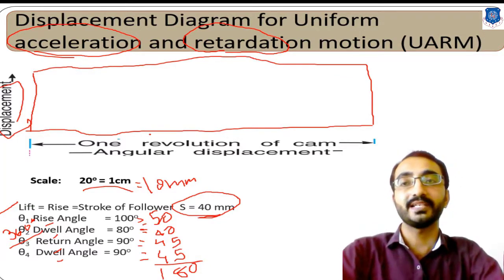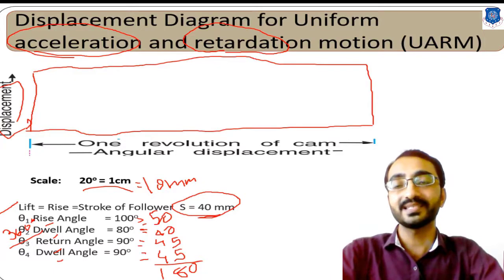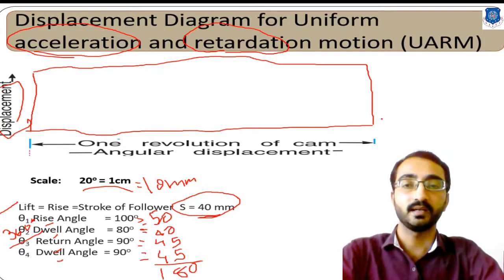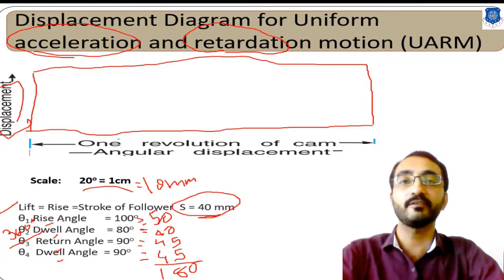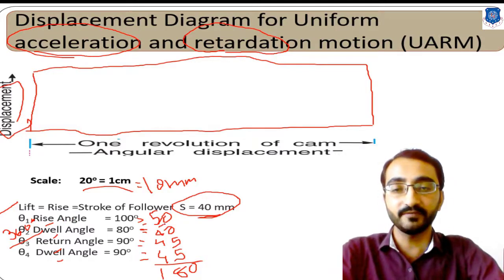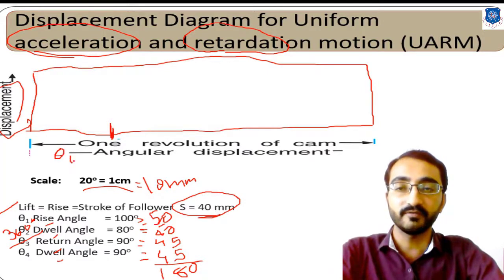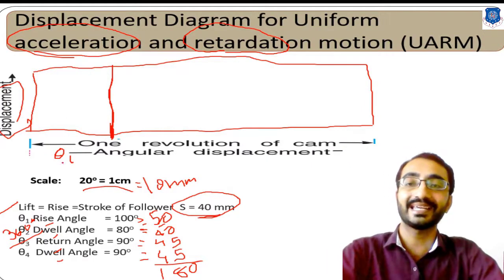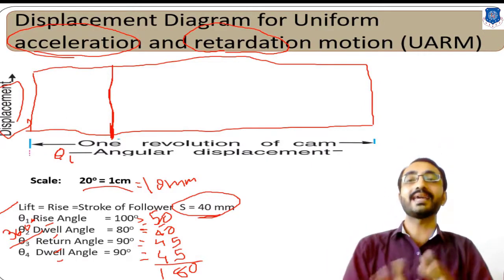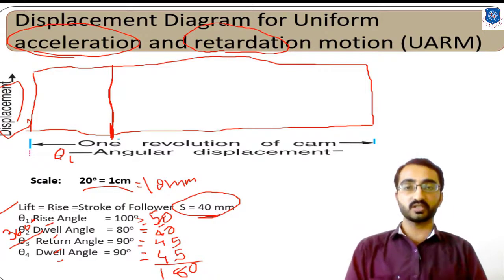Your displacement diagram will be sketched in this rectangle. Now for phase 1, theta 1, the rise angle, we have been given the 50 mm dimension. So the first division of 50 mm represents the theta 1 phase. Extend this line, and this will be your first rectangle theta 1, representing the rise angle, or the outward stroke.